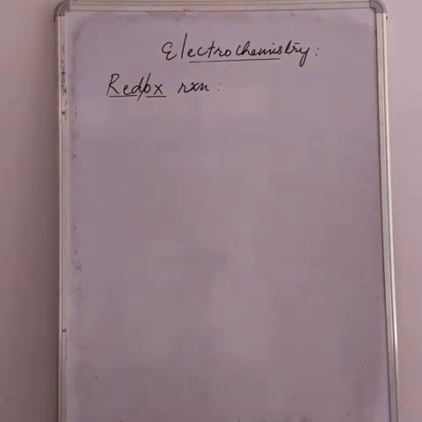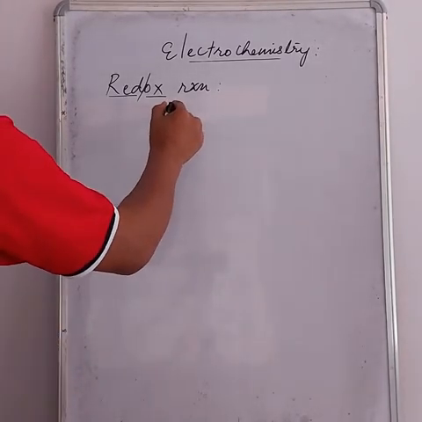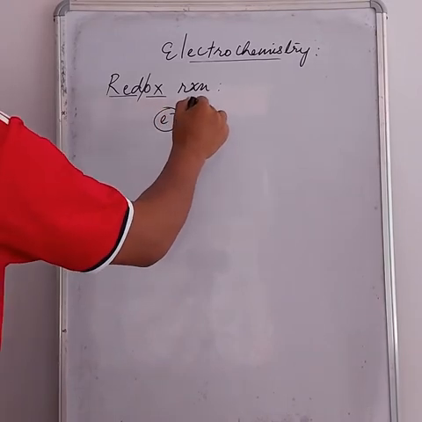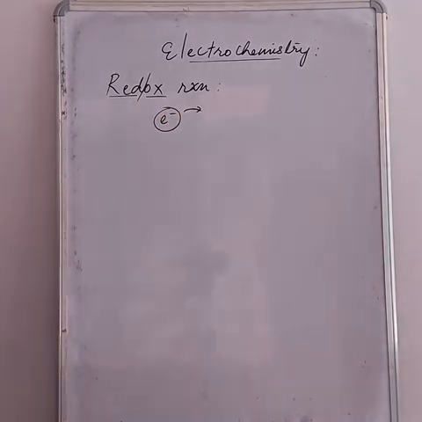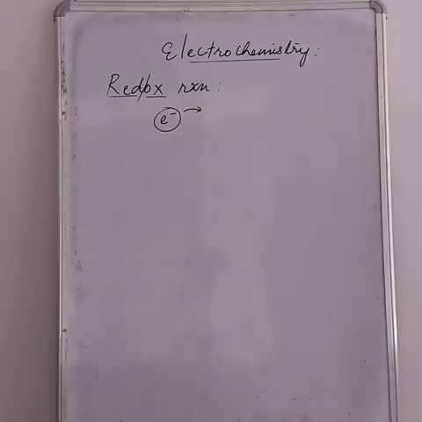Now, in chemistry, we know that there is transfer of electrons. That transfer of electrons from one compound to the other, and the underlying principles governing it, is studied under electrochemistry.